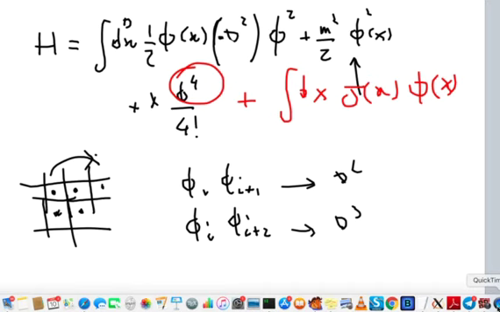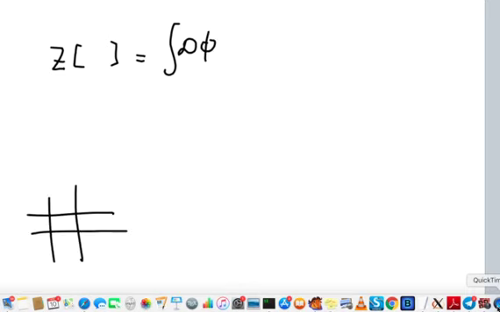Okay, fine. So having said all this, we came up with the following final expression the other day, that the partition function of my system can be expressed as an integral over fields, all the field configurations.